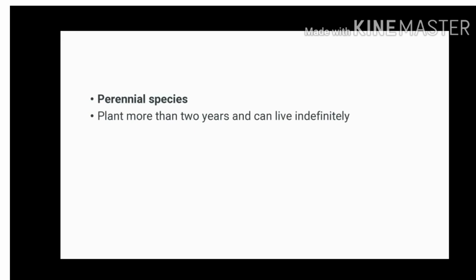In this kind of plant, in perennial species, it is very difficult to identify the juvenile phase, reproductive phase and the senescence phase. Because as these plants can live more than 2 years, it is very difficult for an observer to observe when the phases are coming.